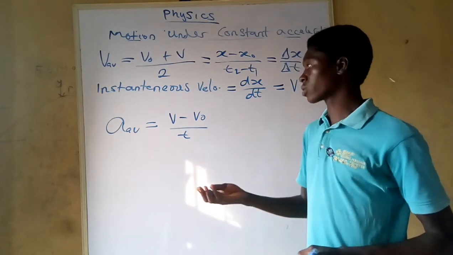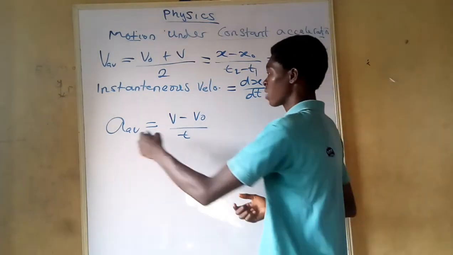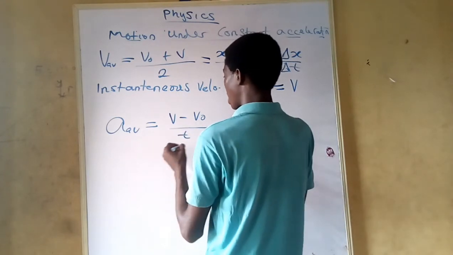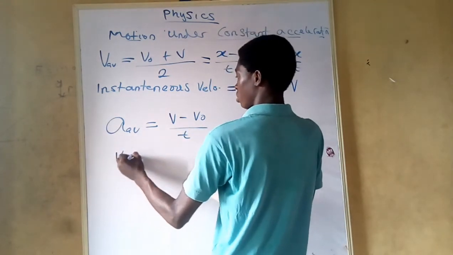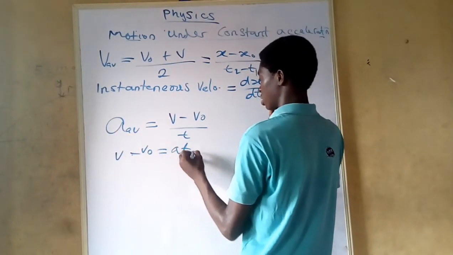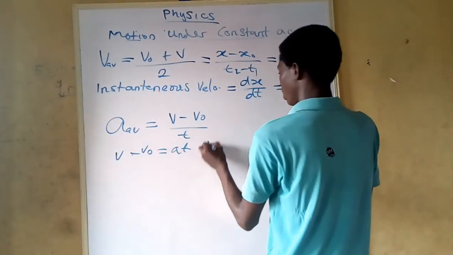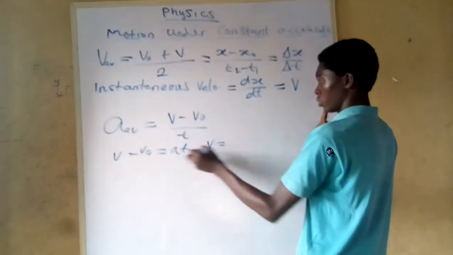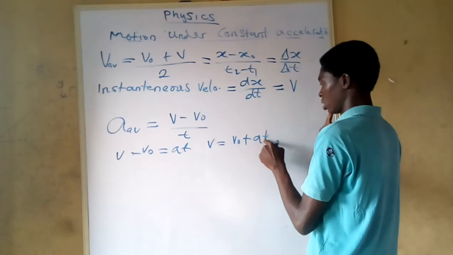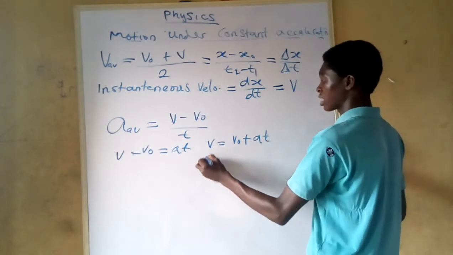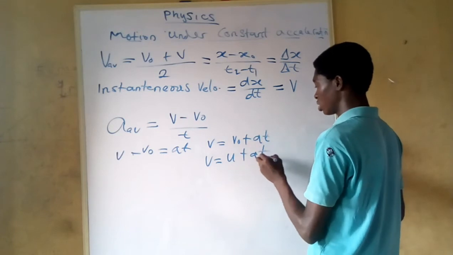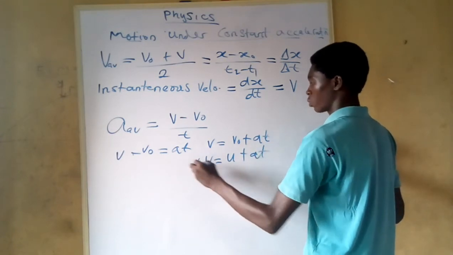So now if we make v the subject of the formula here, we are going to have v minus v naught equals at, right? Now v should be equal to v naught plus at, and sometimes we see it as v equals u plus at.